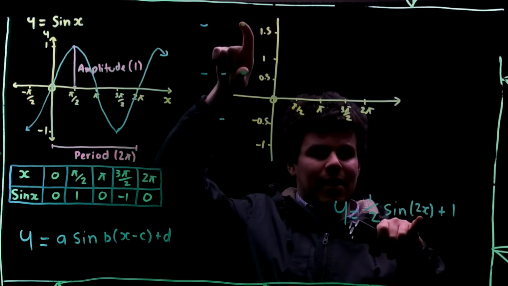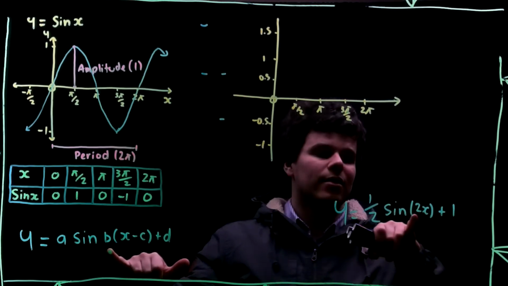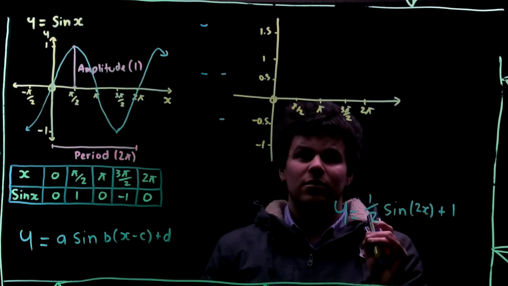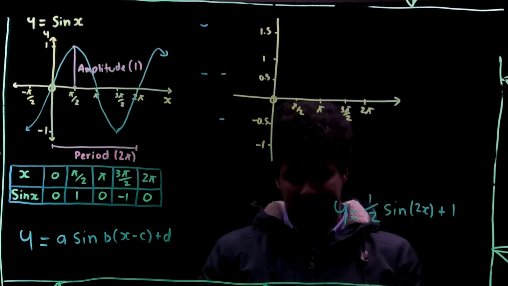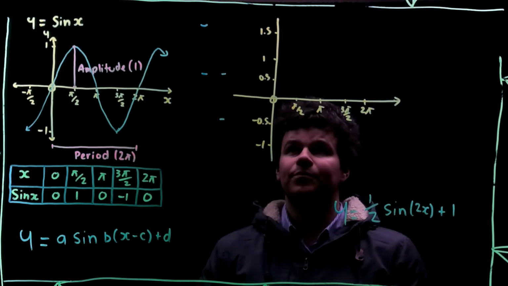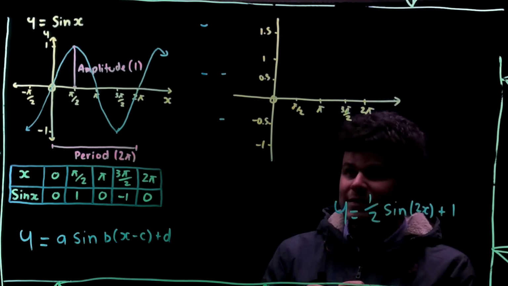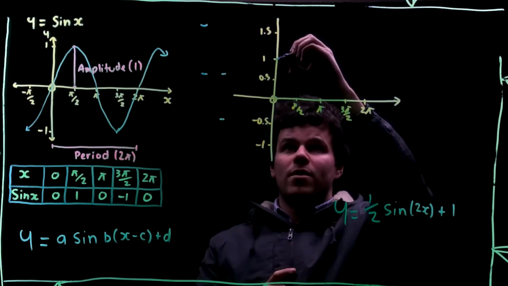This 2 in here is the same as our b, so that affects our period. Our start value is not affected by that, which means we can put that in. Our start value is normally 0, but because we've got plus 1, it's going to be up here at 1.